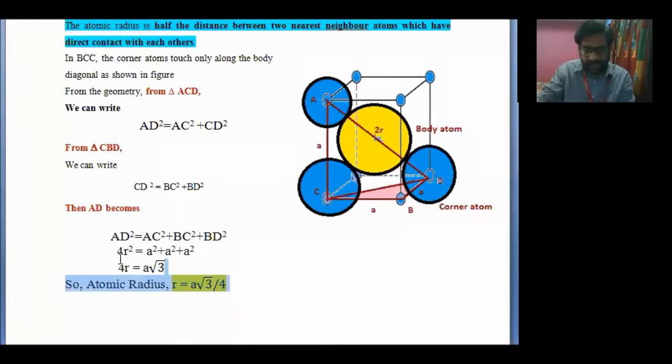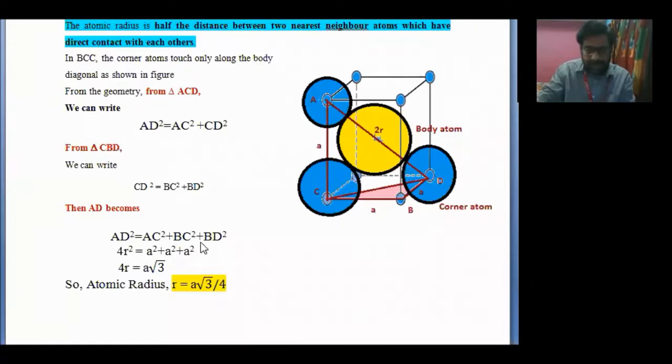So we can write 4R the whole square is equal to AC is A square, BC is A square, and BD is also A square. So from this we can write 4R the whole square is equal to 3A square.